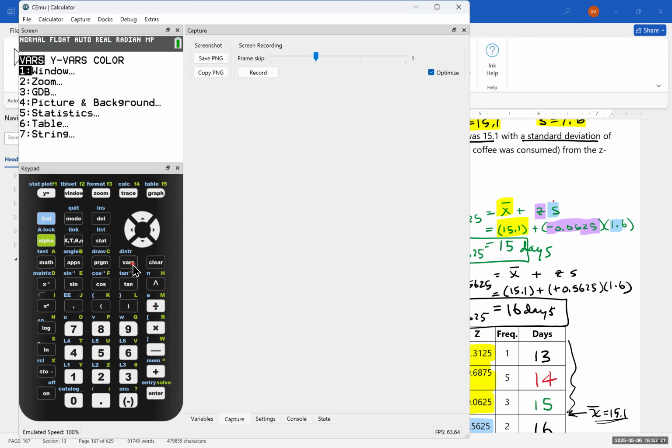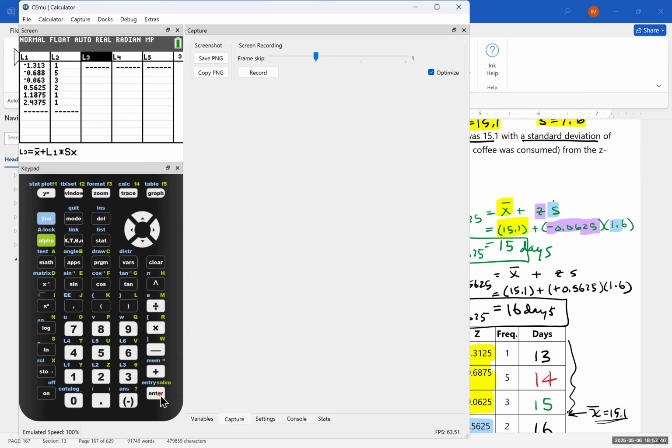So I'll hit vars. I'll hit 5 for statistics. And then I could hit 3, but I'm just going to scroll down and do that. So let me hit enter. There we go. And wait a minute.